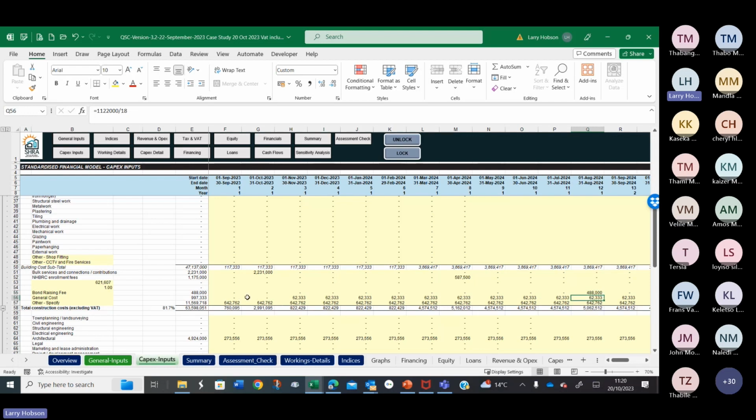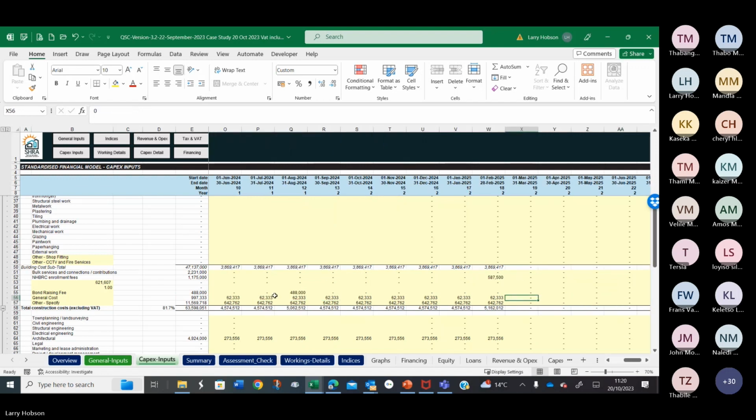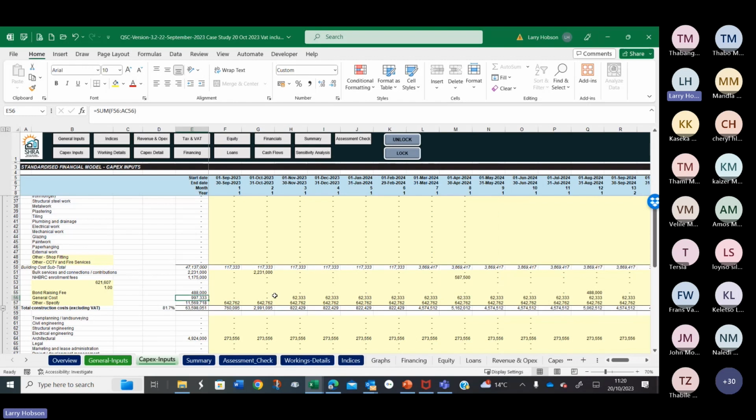We've got a lovely category called general costs. So I've obviously not divided by 18 because I'm not getting the full amount there. I've used the 18, so I've got to take general costs in for the full 18-month period.